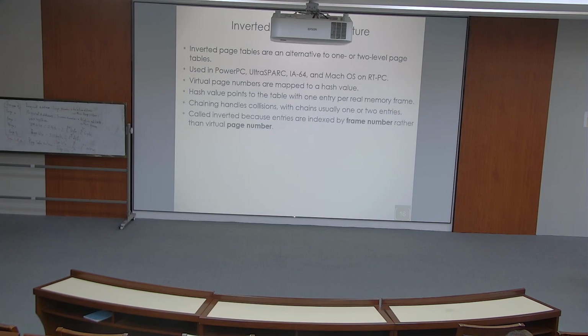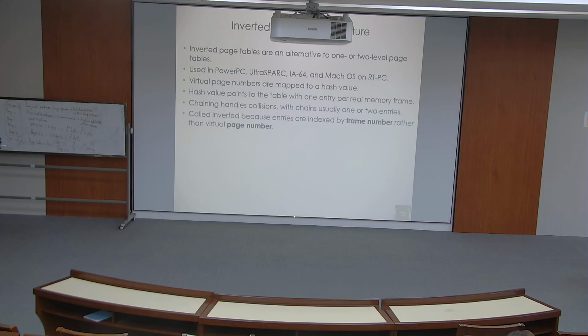That's why we have the inverted page table to solve the issue of wasting space for the page table. Inverted page tables are an alternative to one or two level page tables, and they are used in very powerful computer systems like the PowerPC or UltraSPARC.